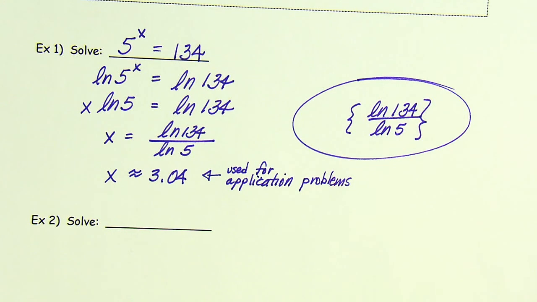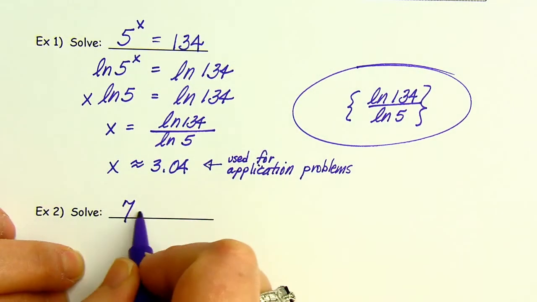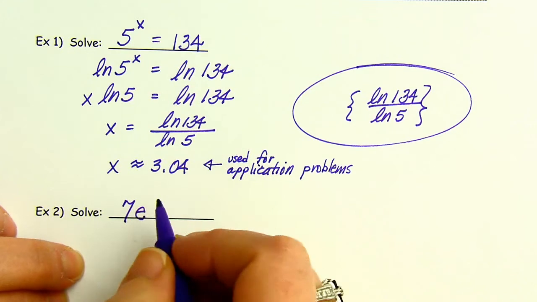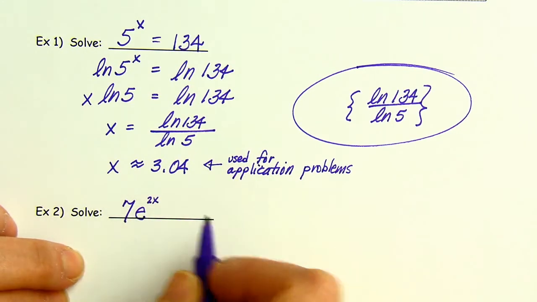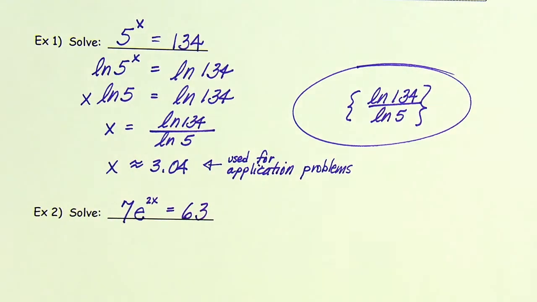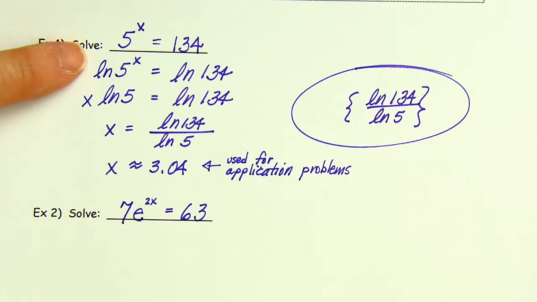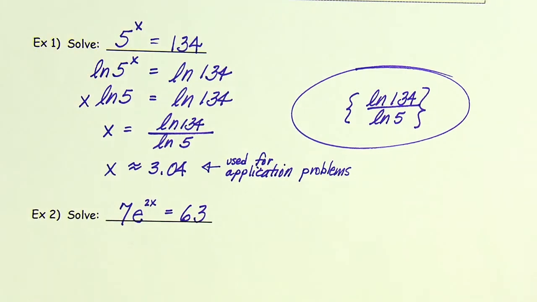So let's see the next example. 7 times e raised to the 2x power equals 63. This one's a little bit different than this one because here the base raised to the power of x was already isolated.